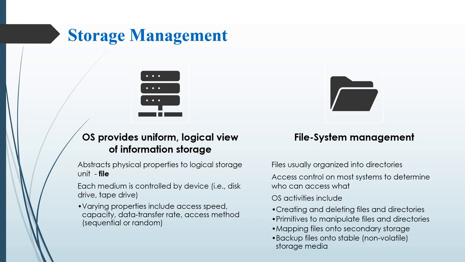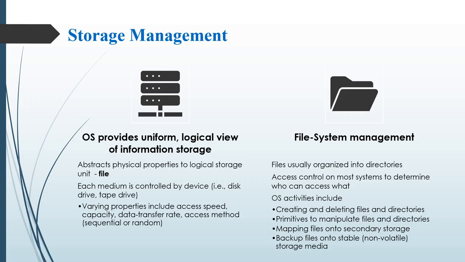Each medium is controlled by some device like a disk drive, tape drive, or whatever it is. The properties vary, including accessing speed, capacity, data transfer, and access methods. Later we will discuss what storage devices are available and how they are categorized based on their speed and storage capacity.